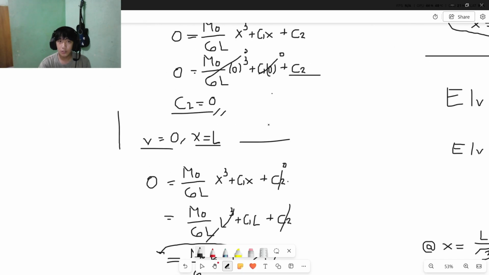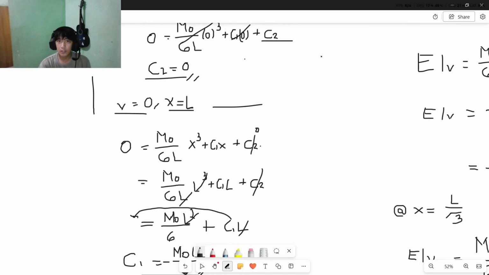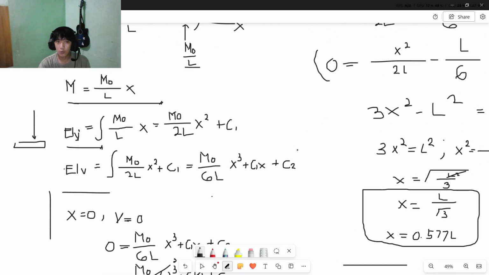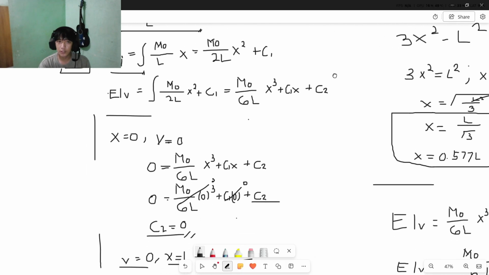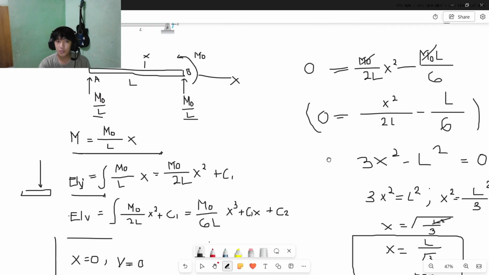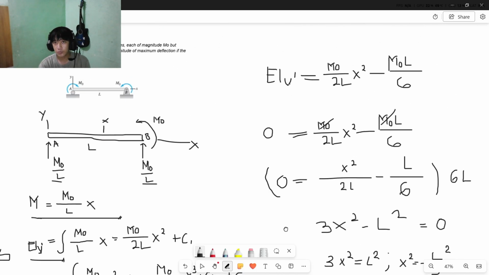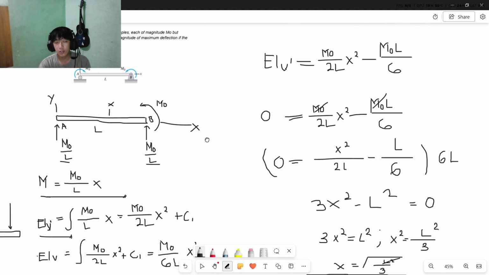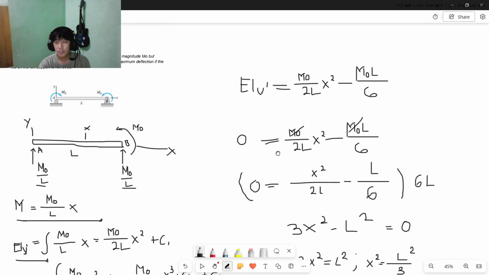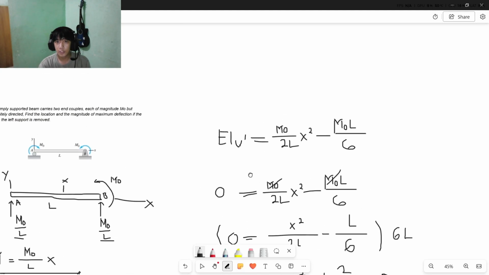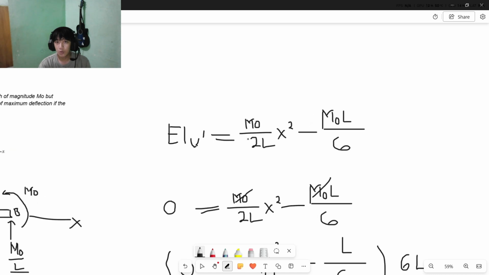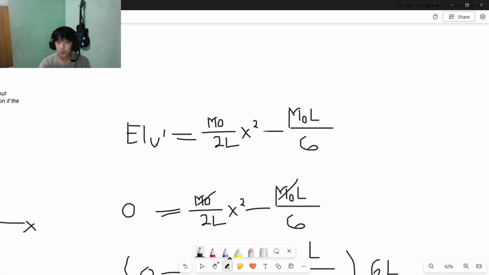And now since we have the value of C1 and C2, we can finally form our slope equation to find our value of x. So here we're going to use our first integration, which is the flexural rigidity at displacement v is going to be equal to M sub O over 2L times x squared.